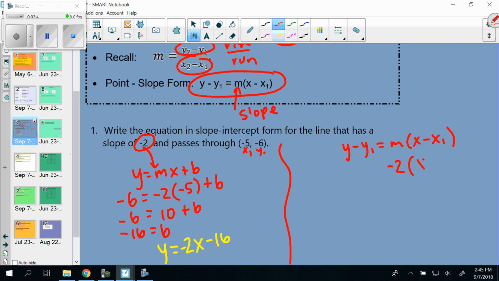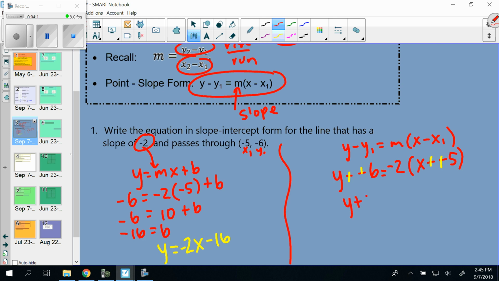So where x1 is, we're going to put in -5, and where y1 is, we're going to put in 6. Now, if we simplify this equation, it should end up being the exact same thing that we got on the left. We know from before, if you're subtracting a negative, that's the same as adding. So let's start with that.